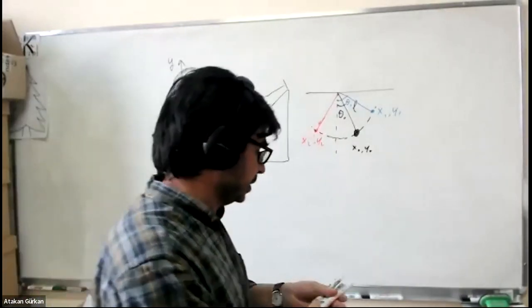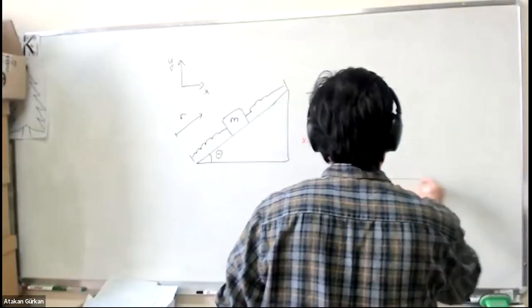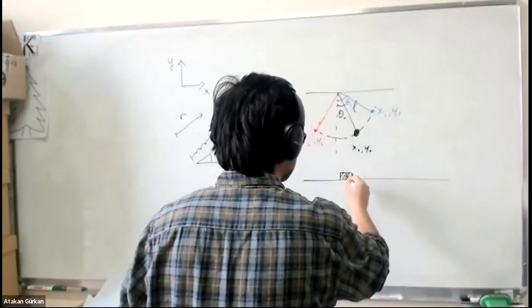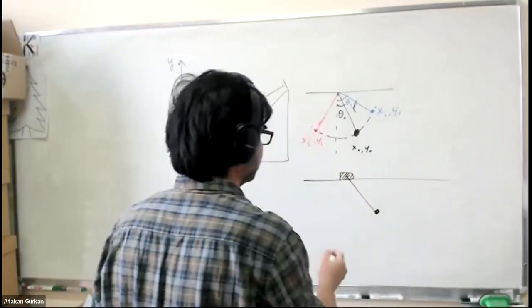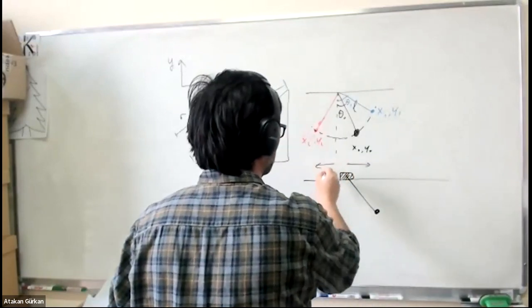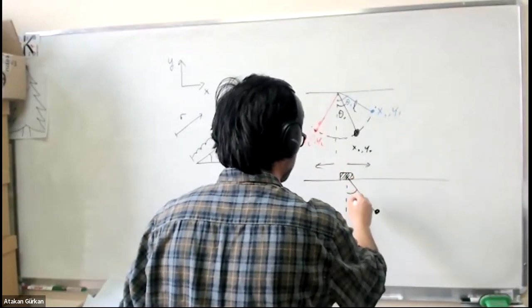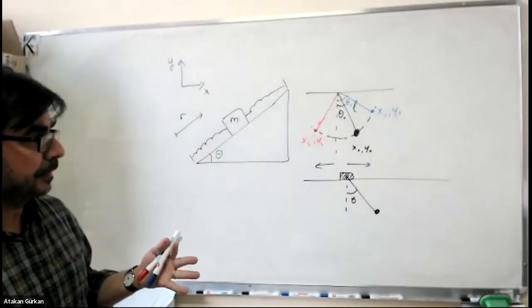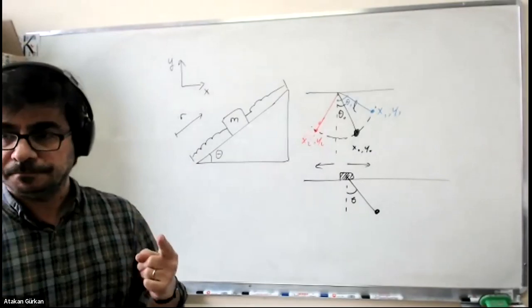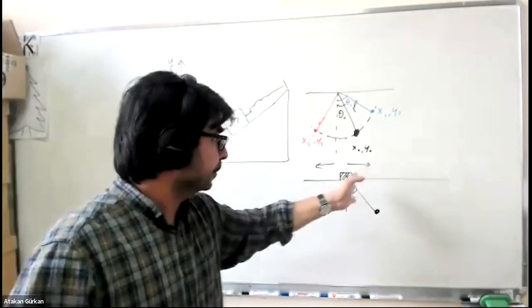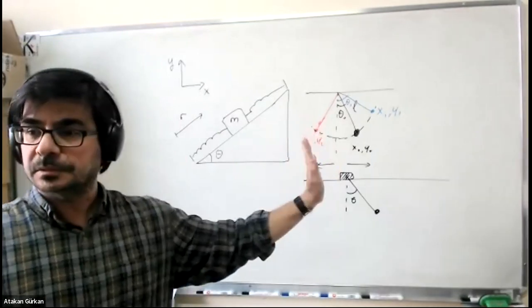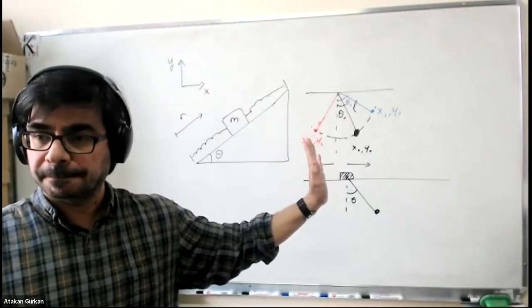But let's imagine a case like this. So I have a little cart over here, and from this cart there is a pendulum that's swinging. This one is free to move over here, and this one is free to swing around the pivot point on the cart. Here's something like this. Again, this is 2 motions. The cart is moving, and all with respect to the cart, the bob is swinging.